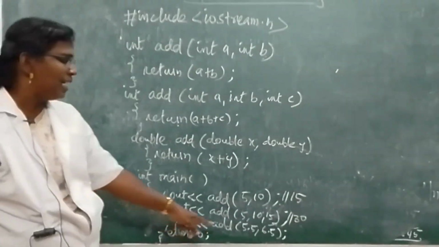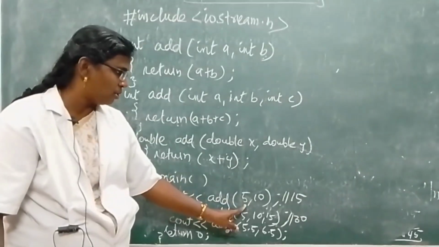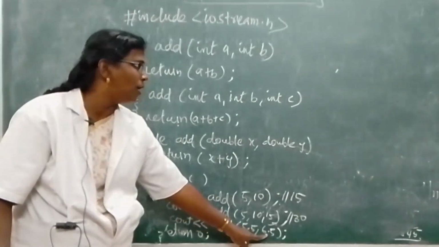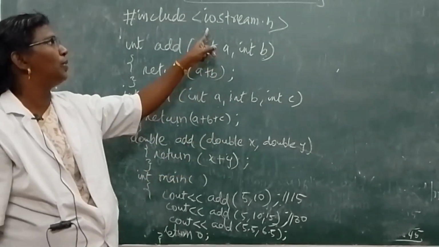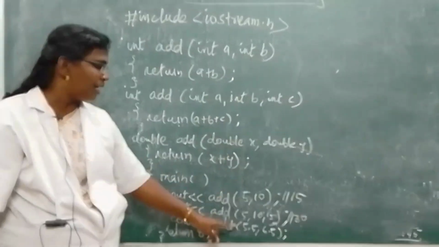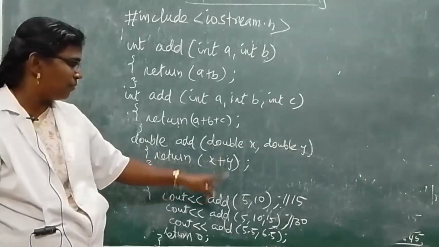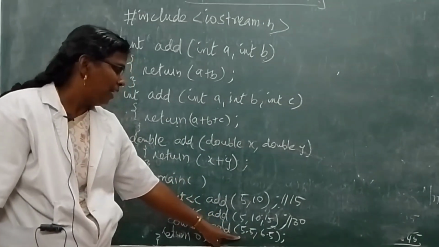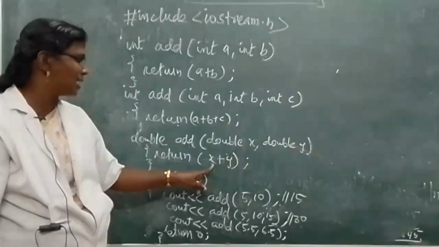So the next one is double values. So we have 2 arguments. This is 2 arguments. This is also 2 arguments. So which function is called here? Based on the data type used here, the corresponding function is called. So this function is called, when we call this, this function will be executed. So what is the result here?